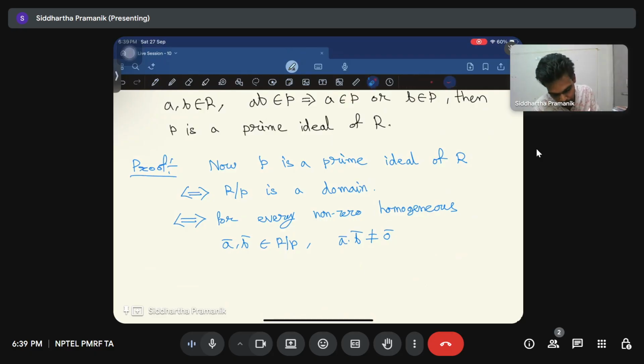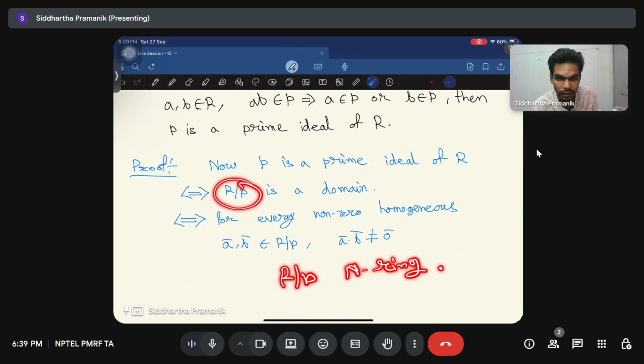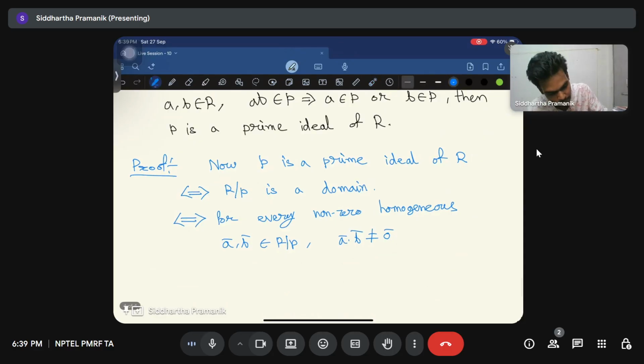So R mod P is an N-graded ring, and it is a domain if and only if every non-zero homogeneous element is a non-zero divisor. This is by problem number 3.